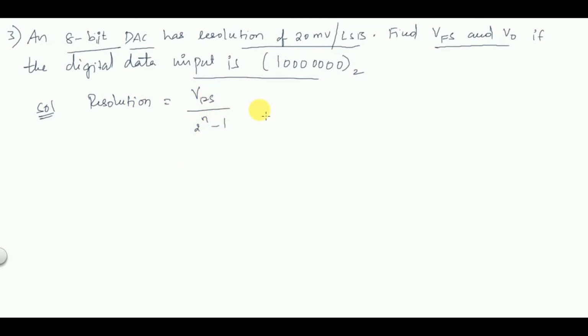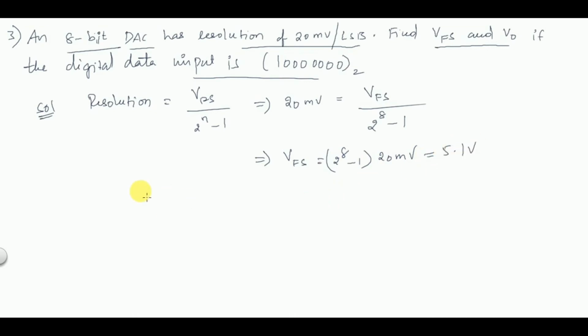Resolution is given as 20 millivolts for LSB, which is equal to VFS by 2 power n, and n is 8 because it is an 8-bit DAC. So VFS is equal to (2 power 8 minus 1) into 20 millivolts. If you solve it, you will get around 5.1 volts.